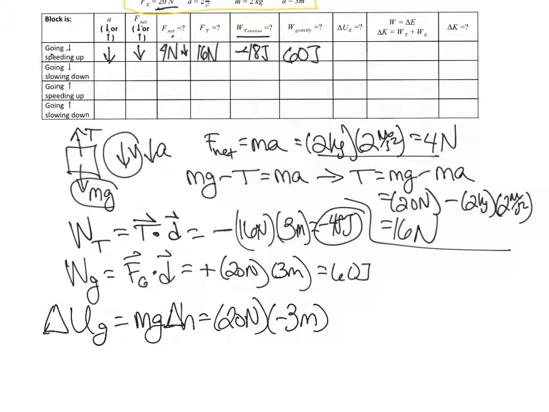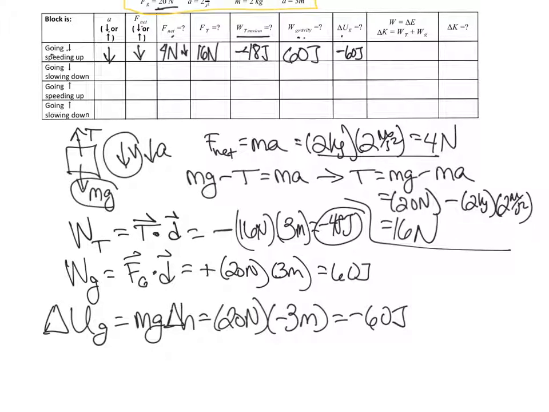It's final minus initial, and my final is lower than my initial, so you'll have a negative 3. And so that's negative 60 joules. You may notice the work done by gravity and the delta UG are the same number but opposite. That is very important, and we will get way more into that later.